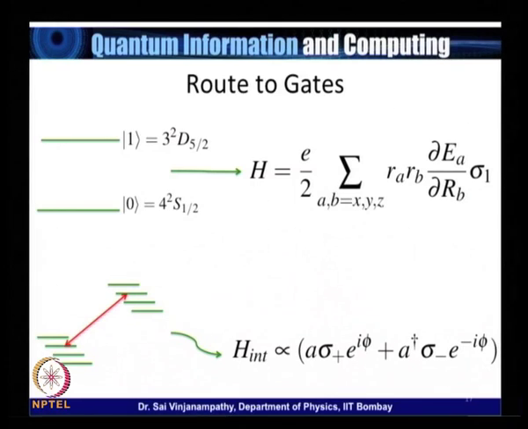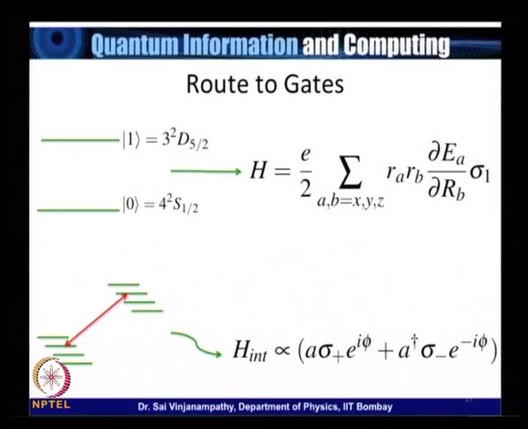Furthermore, to perform multi-qubit operations, the following interaction Hamiltonian is available, which is of the form A sigma plus e to the i phi plus A dagger sigma minus e to the minus i phi. Note that this is exactly of the same form as before. It has the form A B dagger plus A dagger B, but instead of the second harmonic oscillator mode, we have a single spin. This, I will show in the notes, allows us to perform both single qubit gates and 2 qubit gates.